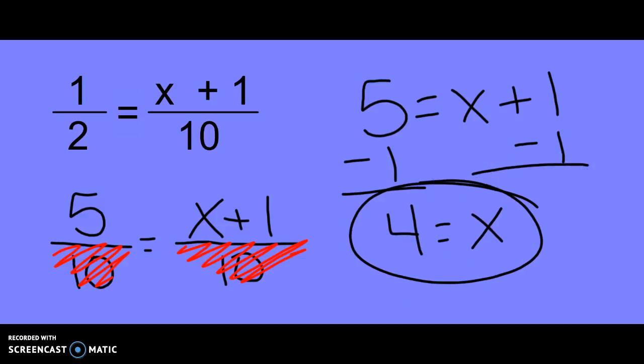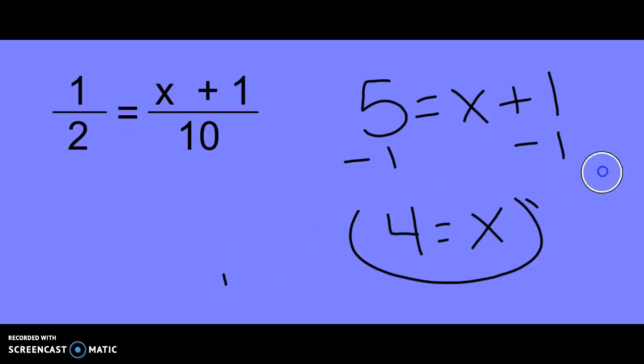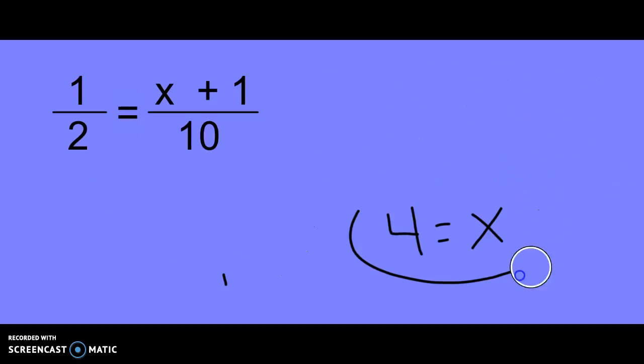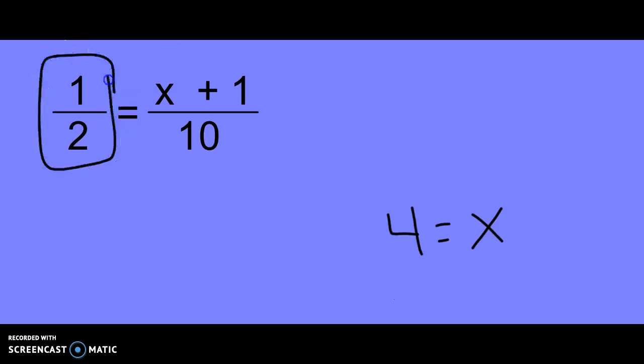And that's it. The other way to do this, and you've probably done it before, I'm going to leave the answer up so you can see that it's going to be the same. If you have a simple fraction here and a simple fraction here, you can cross multiply.